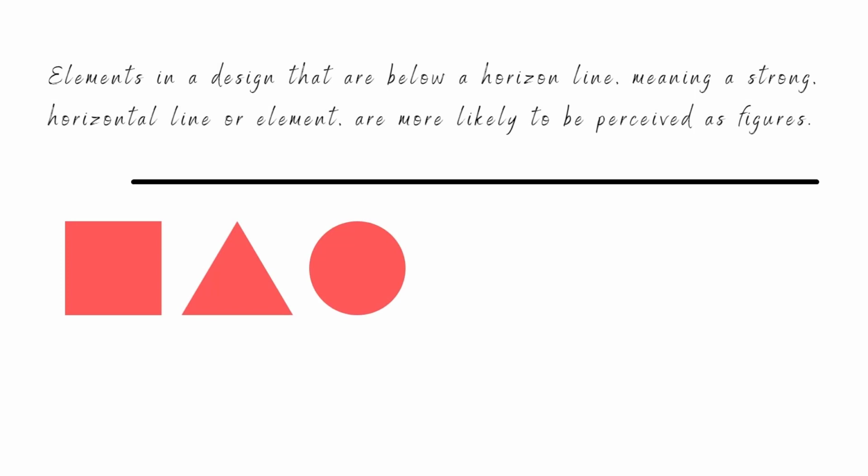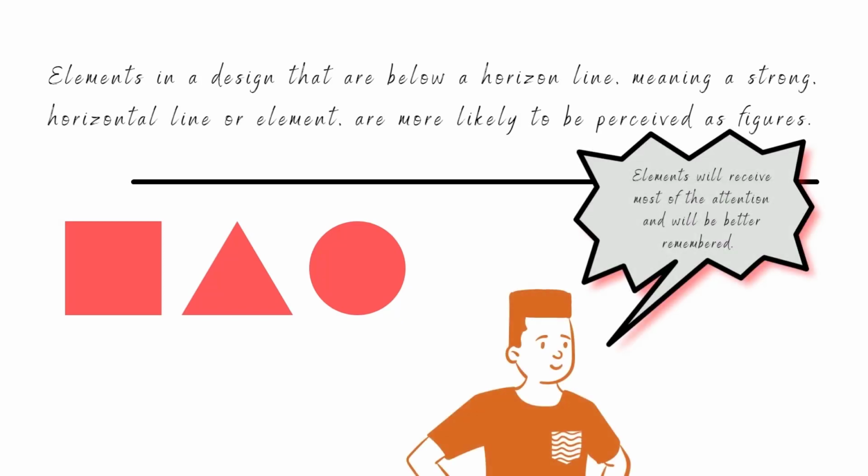The same is true for elements in the lower region of a design. This means that these elements will receive most of the attention and will be better remembered. So in a logo design with a strong horizontal element, placing the name of the company below the horizon line increases the probability that the company name will be read and remembered.